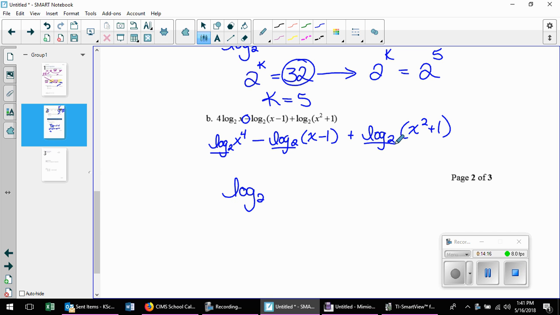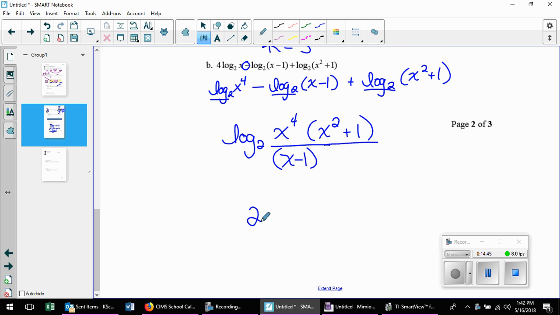I can go ahead and use my log law. If I am subtracting them, what am I doing? Dividing. So I'm going to have x to the exponent 4 on top, x minus 1 on the bottom, and then I'm adding this log in. So what am I going to do? Multiply. Now, if we put that into exponential form, it's going to be a little bit ugly because you have 2 to the exponent k equals x to the exponent 4, x squared plus 1 over x minus 1.